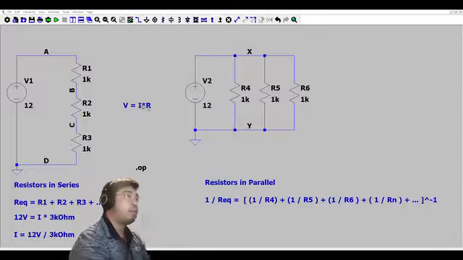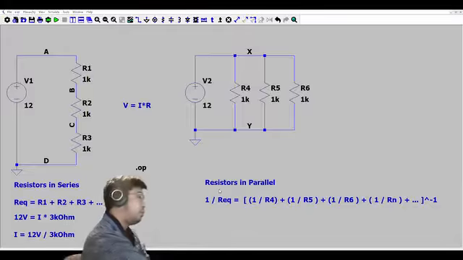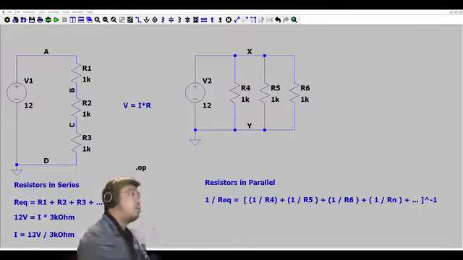When we invert that, 1 over 0.003 is 333.33 ohms. So R equivalent equals 333.3 ohms.